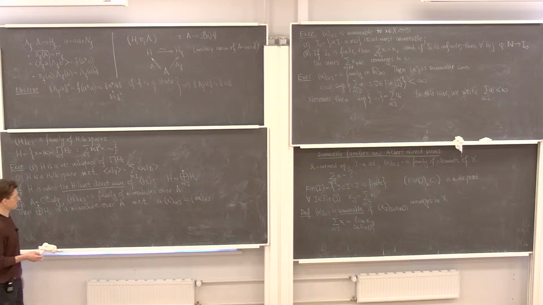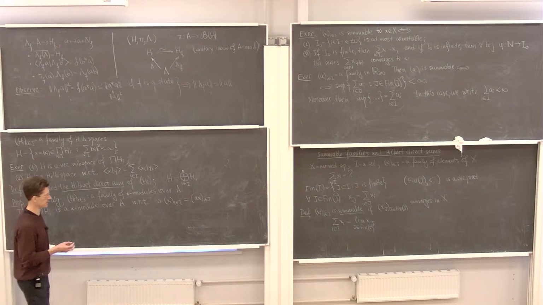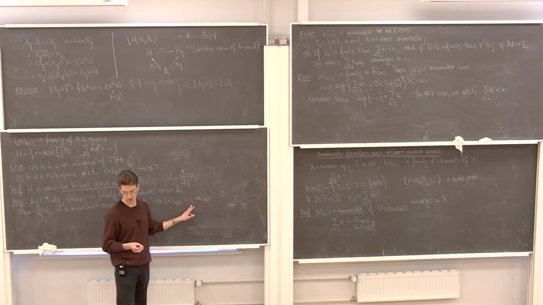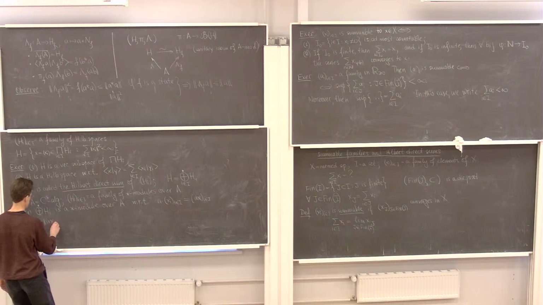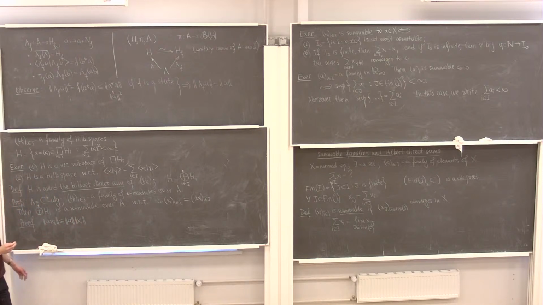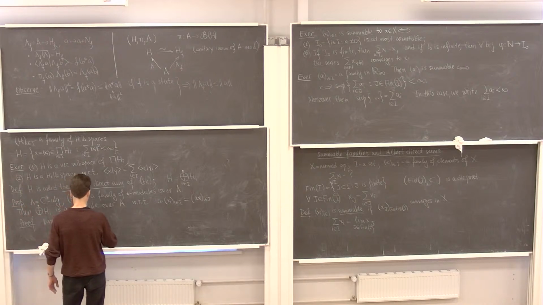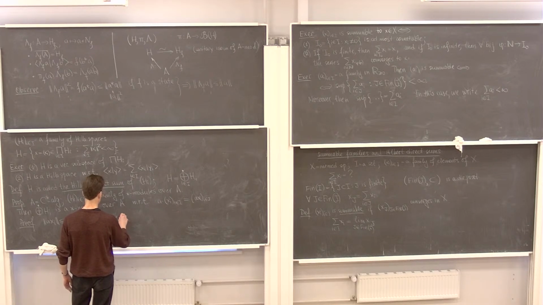Well, the only point here which is not immediate from the definition is the fact that this family is also square summable. But this is very easy because we actually have the following estimate. The norm of a x_i is less than or equal to the norm of a times the norm of x_i. And this is true because every representation is contractive. If we denote by pi_i the respective representation of A, then its norm is less than or equal to 1.